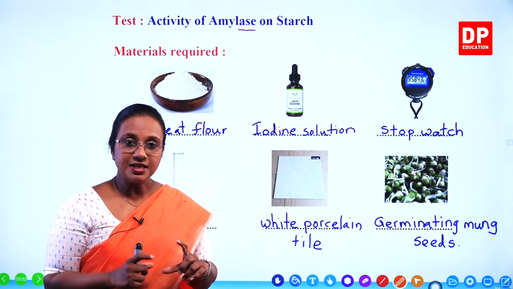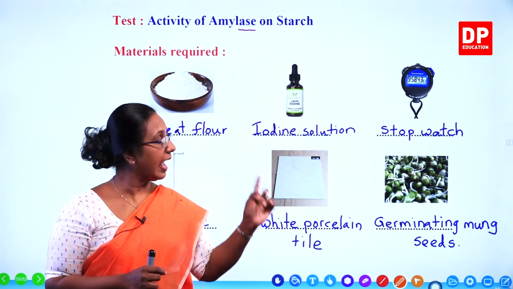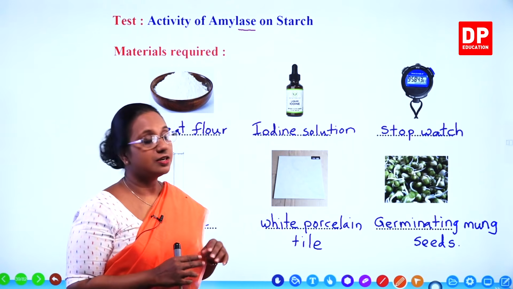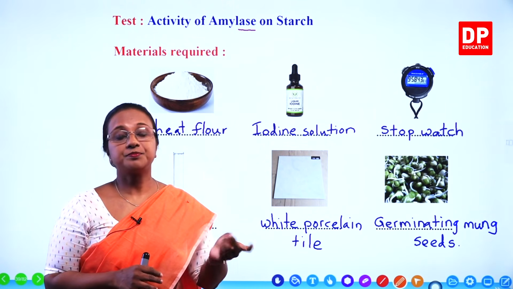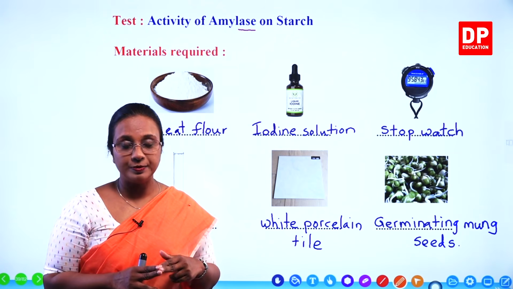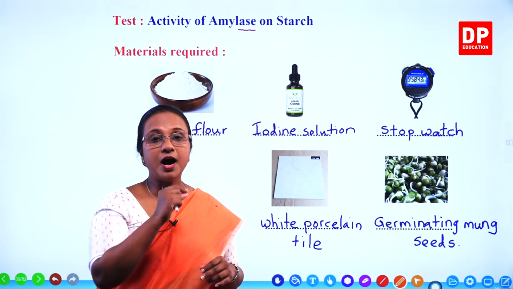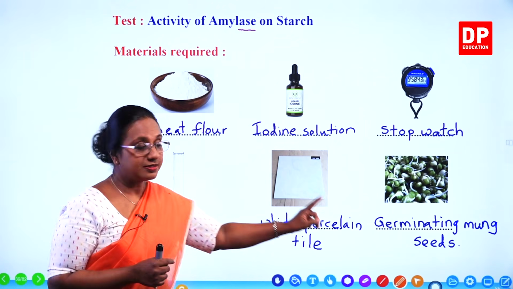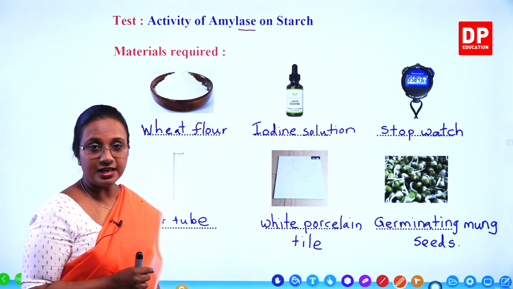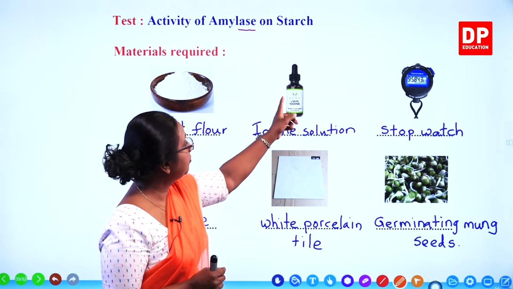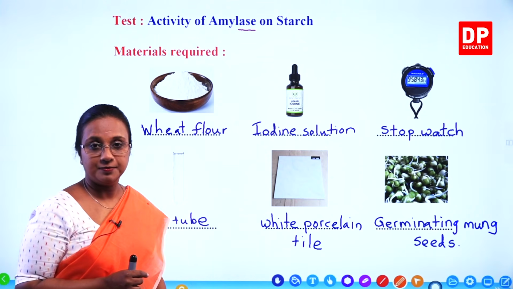So we mix it and keep it aside, and we observe until the time becomes 2 minutes. And at the end of 2 minutes, we take a drop out of the reaction mixture, put it on the white tile, and on that we put a drop of iodine.